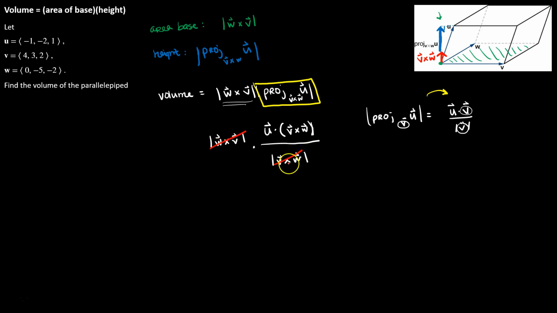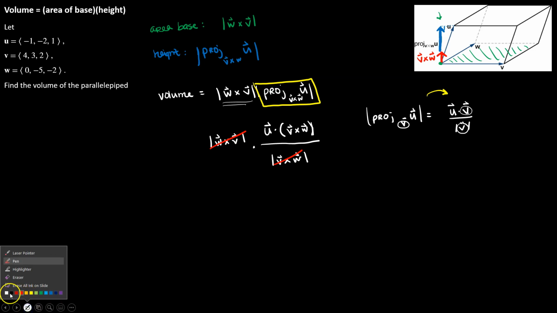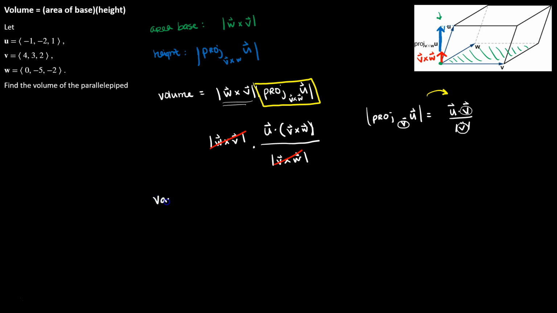So those two factors divide off, and we find that ultimately to calculate the volume of a parallelepiped, we just need to do the scalar triple product, making sure that we take the absolute value of that scalar triple product. It is possible that you could come out with a negative value, so when we're doing the magnitude of this projection, for example, the dot product u dot v needs to have absolute value bars on it.